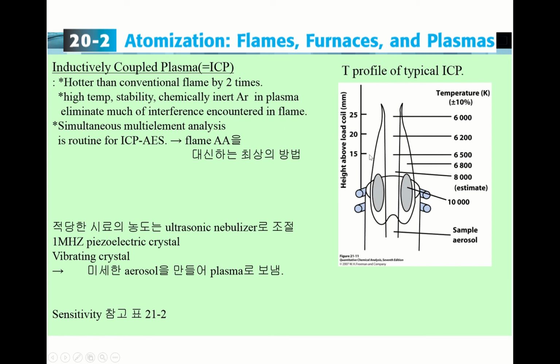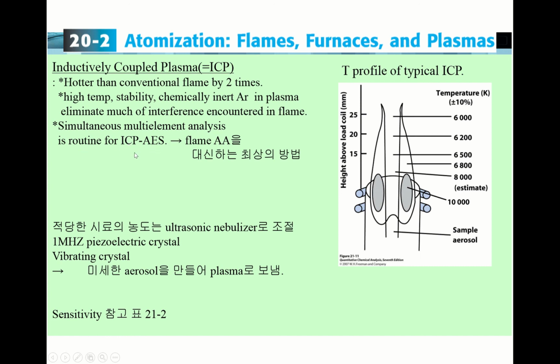Since the temperature is so high, the interference effect is easily removed, and so the system has better stability. With this instrument, ICP, simultaneous multi-element analysis is possible. It is routinely done, ICP AES.